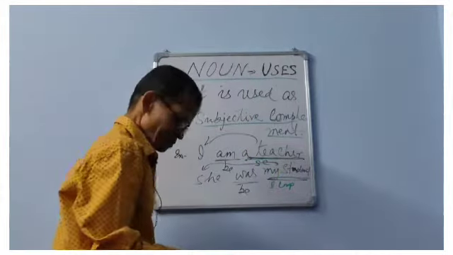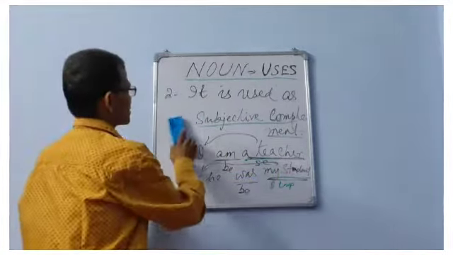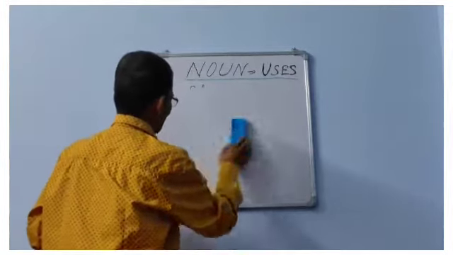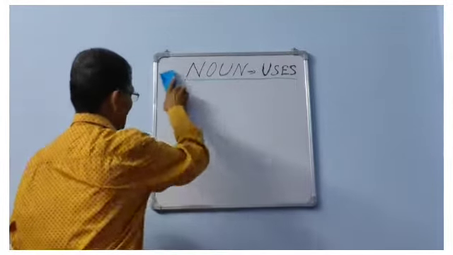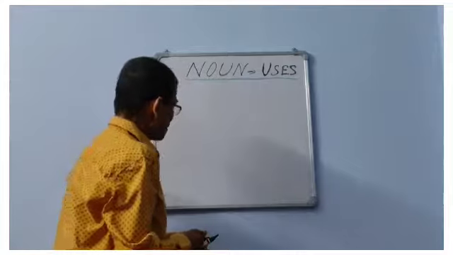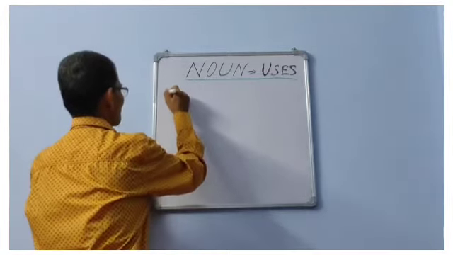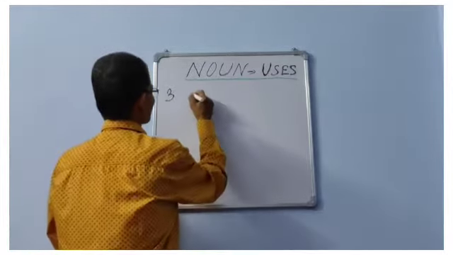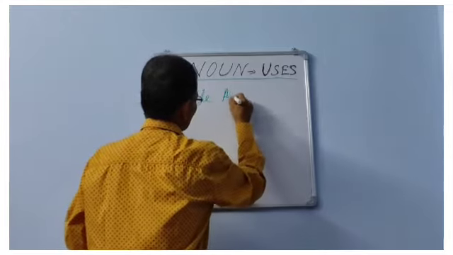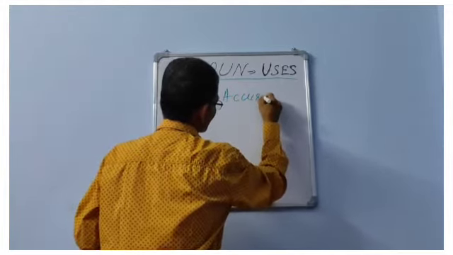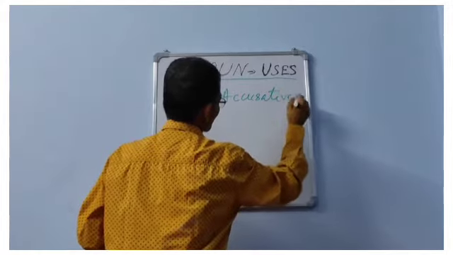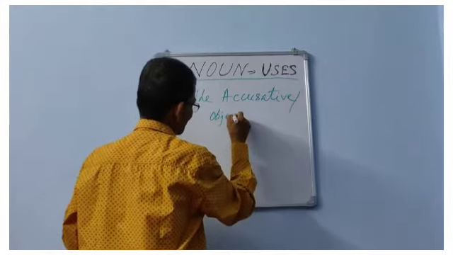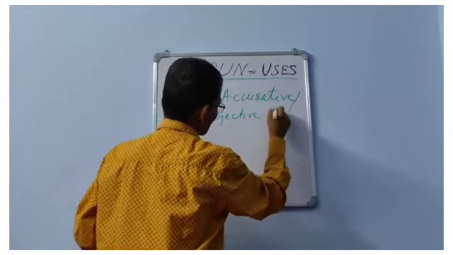Okay, now let us see the third important use of a noun or a noun equivalent. Okay, the third use is the accusative or objective use.